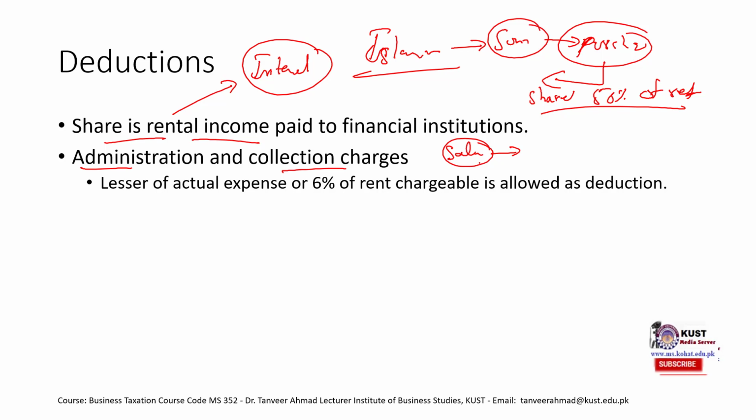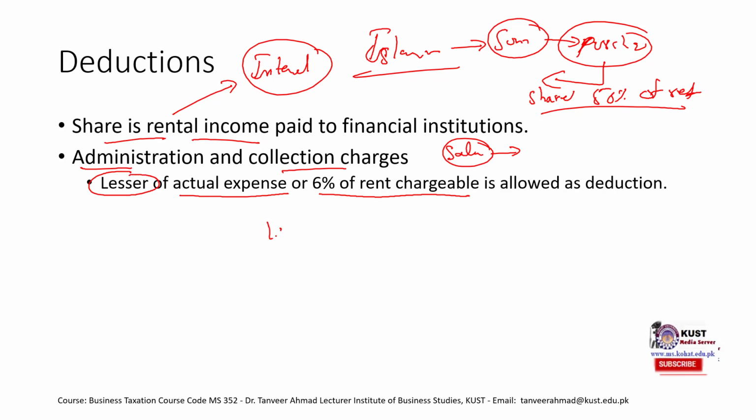In that case, the company is incurring certain expenses. Those expenses are also allowed as deduction, but there is a rule for that. The rule is actual expenses or 6% of the rent chargeable, whichever is lesser, is allowed as deduction.